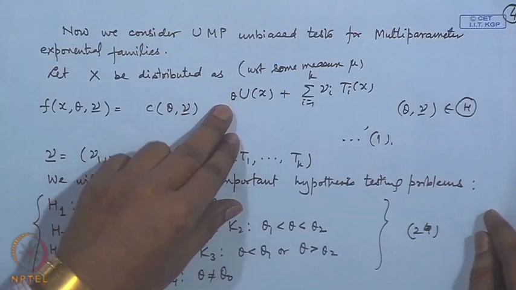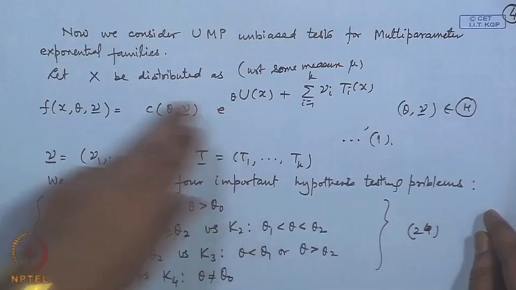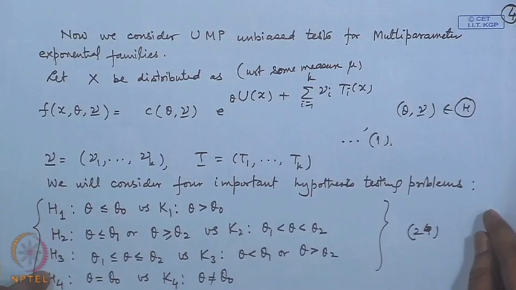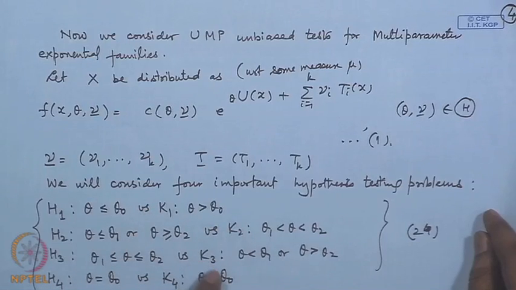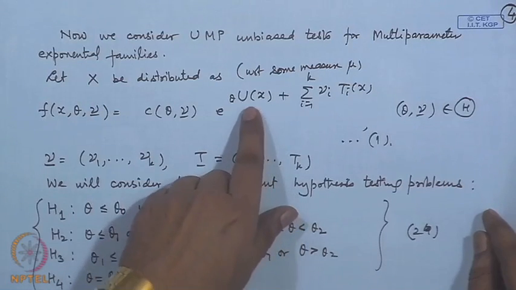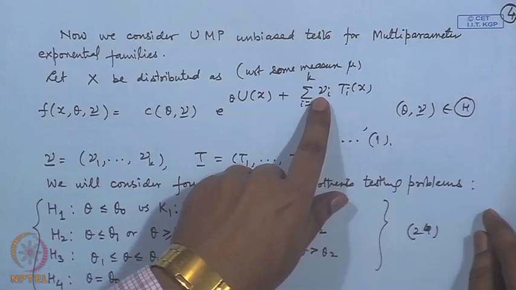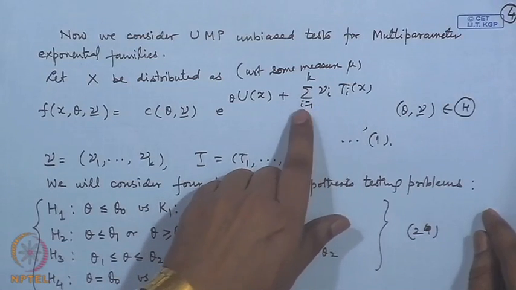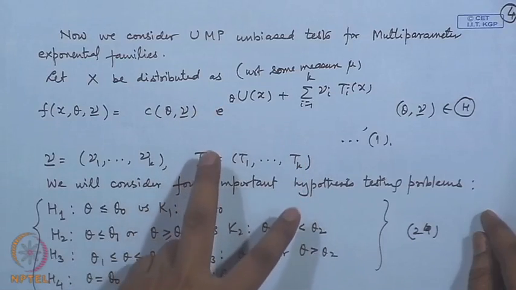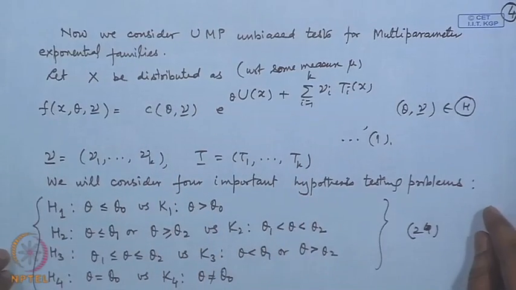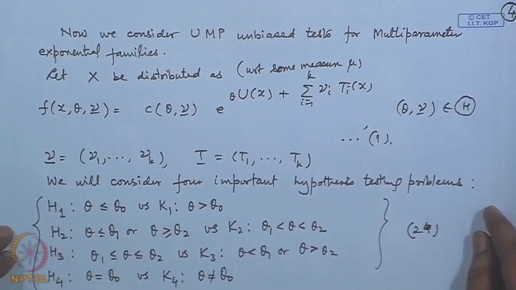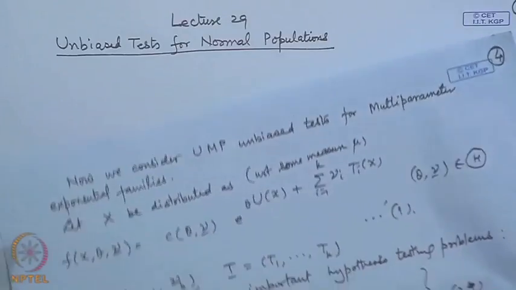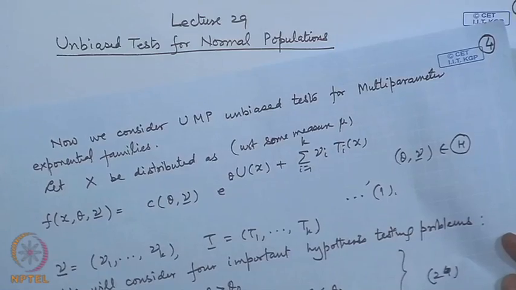Here we are able to derive the UMP unbiased test for 4 types of hypotheses H1, H2, H3, H4 versus K1, K2, K3, K4 respectively for theta, and here nu_1, nu_2, ..., nu_k were considered as the nuisance parameters. Of course, we had considered that the parameter space is k plus 1 dimensional and convex also. A peculiar nature of these tests was that these tests were conditional.